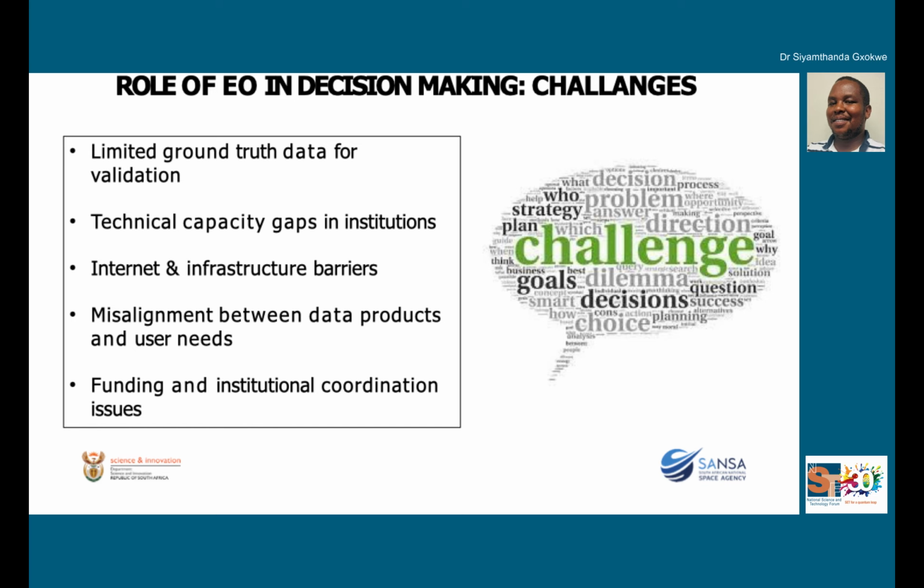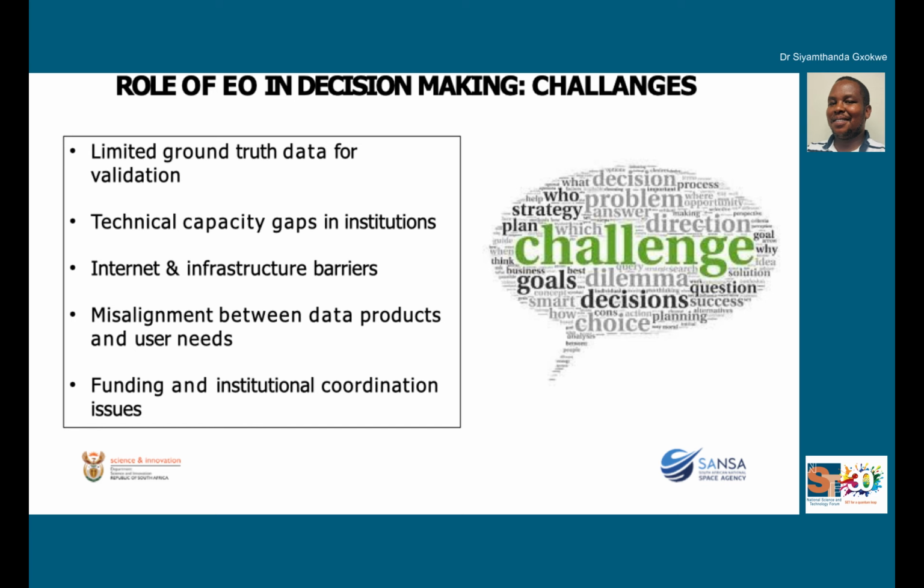So we need systems that allow us to store all this data and then process it into useful products that better inform the solutions addressing the challenges that Africa is facing with regards to climate change and environment.